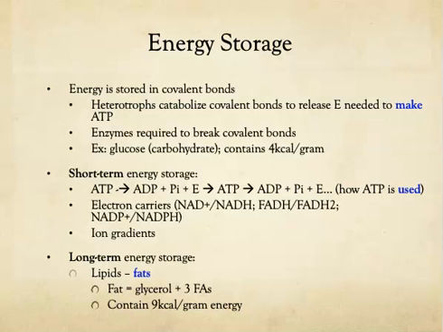Fats are a molecule that has a good amount of energy stored in them, 9 kilocalories per gram. So they are a good option, a macromolecule option for cells to store energy for the long term.